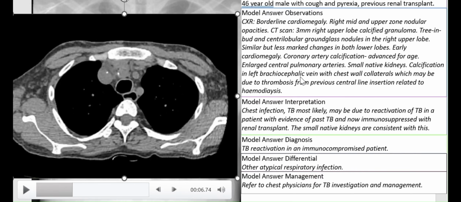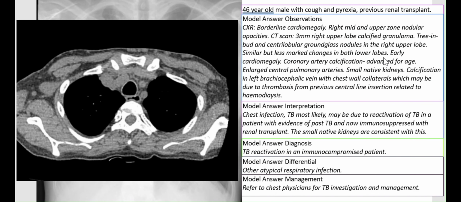Next finding, calcification of the brachiocephalic vein with chest wall collaterals, which may be due to thrombosis from previous central line insertion related to hemodialysis. So here, this patient has small native kidneys and has a history of renal transplant.